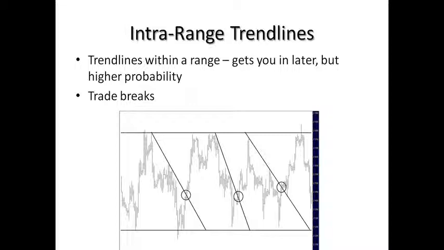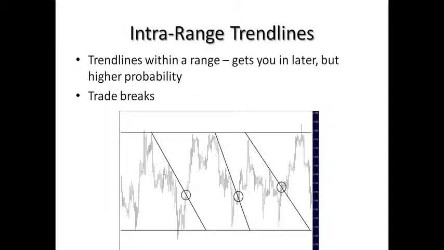So in an uptrend range, I'm looking only to go long near the bottom, near support, and I'm not looking to go short near resistance. By the same token, in a downtrend channel the bias is to the downside. So I'm only going to be looking to go short near the top, near resistance, and I'm not going to be looking to go long near support. And once again, with the sideways or horizontal range, as we can see here, there is no bias, so I could go long or short as I see fit.